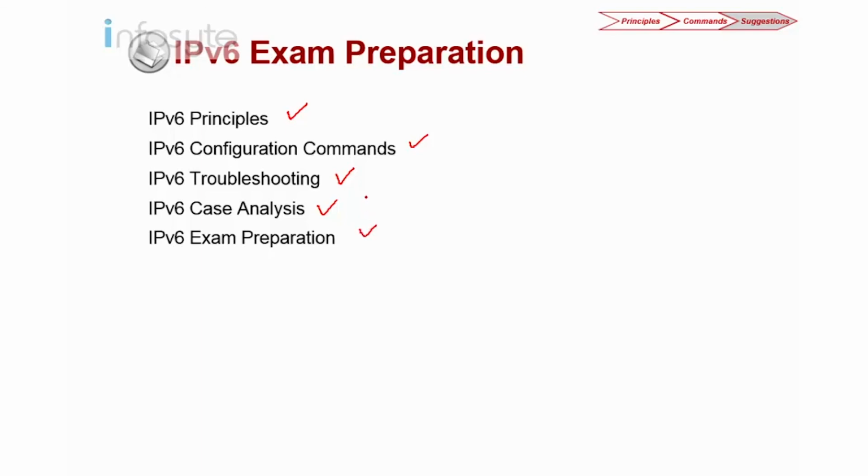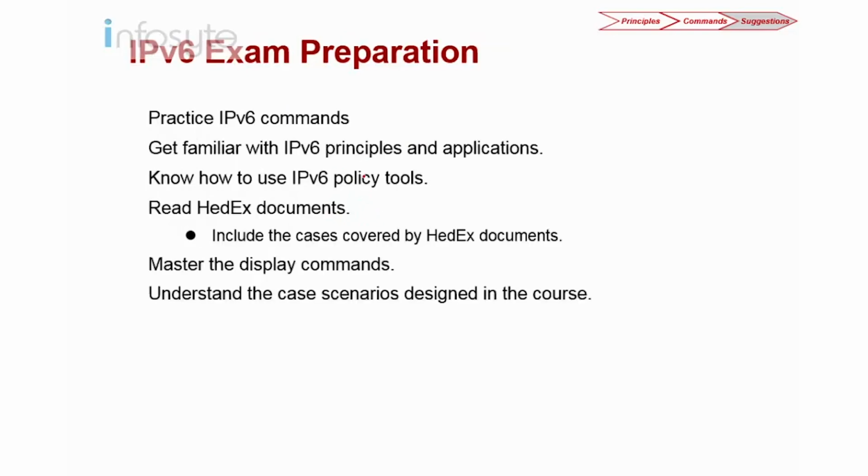Now let's look into the exam preparation on how you can prepare for your HCIE. For the HCIE, IPv6 is actually important. So you need to understand the IPv6 commands. You need to be familiar with the principle and the application. So please refer back to your documentation and read more on the RFC standards on IPv6, because IPv6 is still evolving.